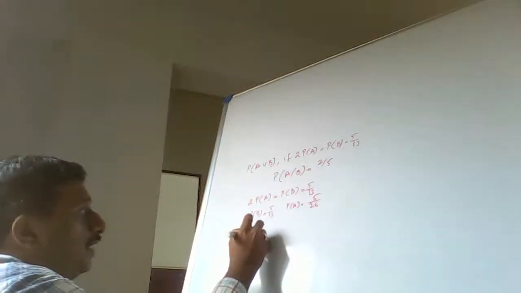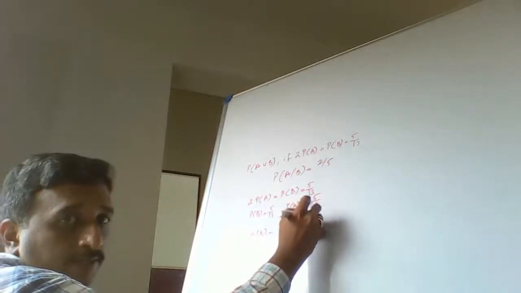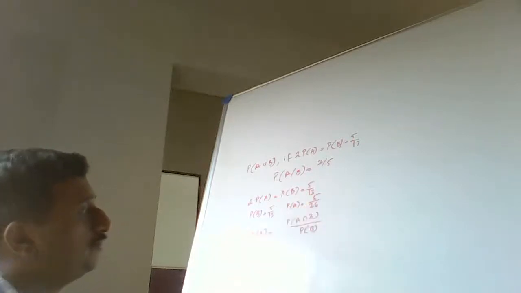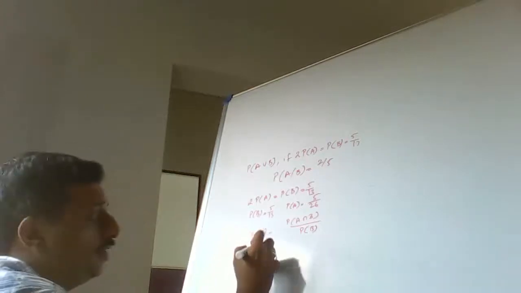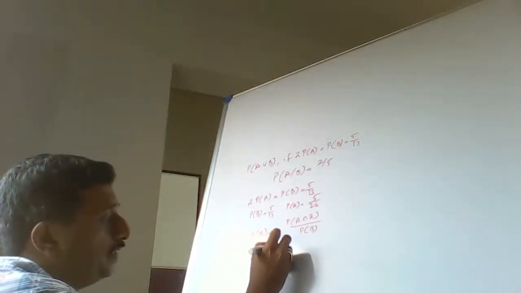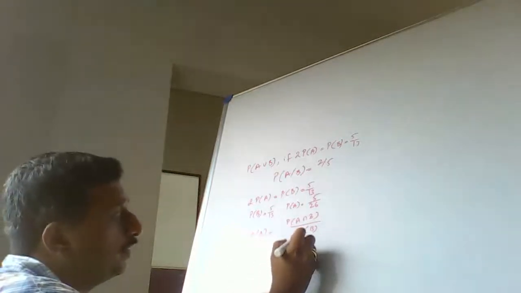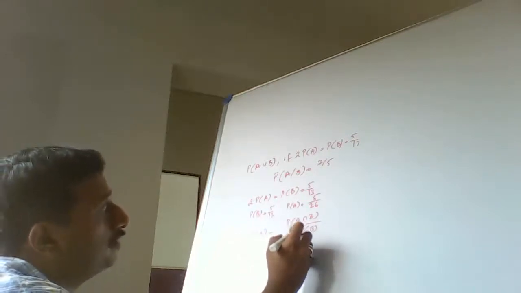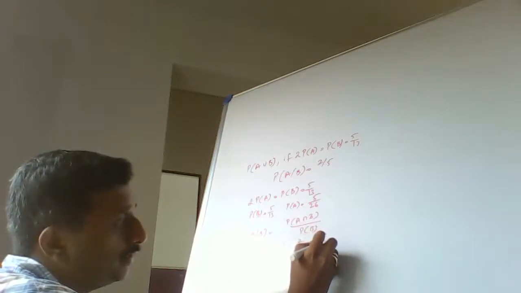P of A given B is P of A intersection B by P of B. So when you multiply, P of A intersection B is P of A given B times P of B, that is 2 by 5 and 5 by 13.